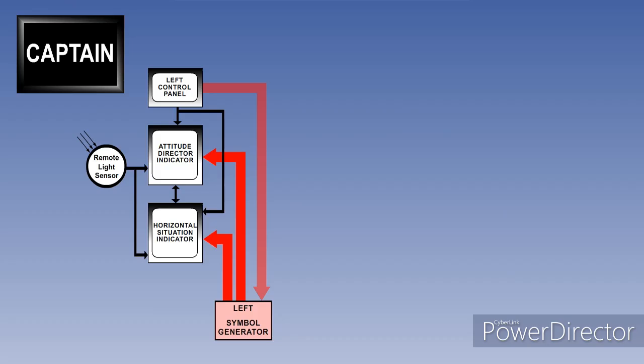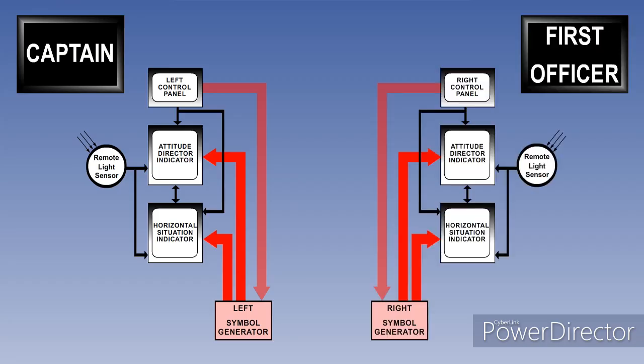A complete EFIS installation is made up of 2 individual systems, one for the captain and one for the first officer. In the diagrammatic layout here, we can see that each system contains an EADI, which is the preferred Boeing term. Airbus call it a primary flight display, or PFD.